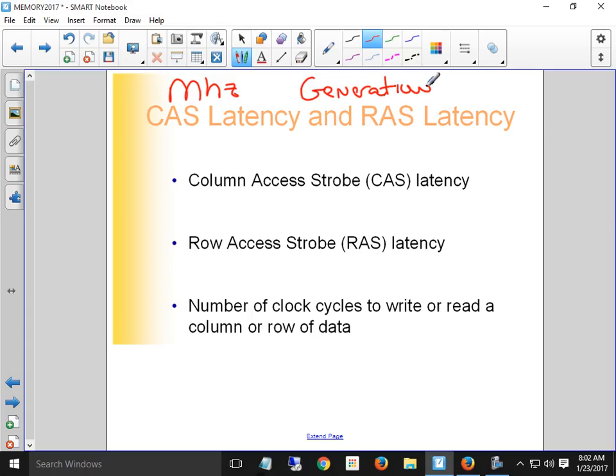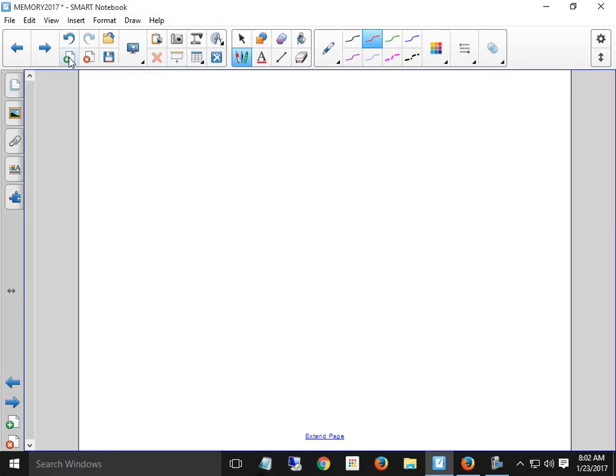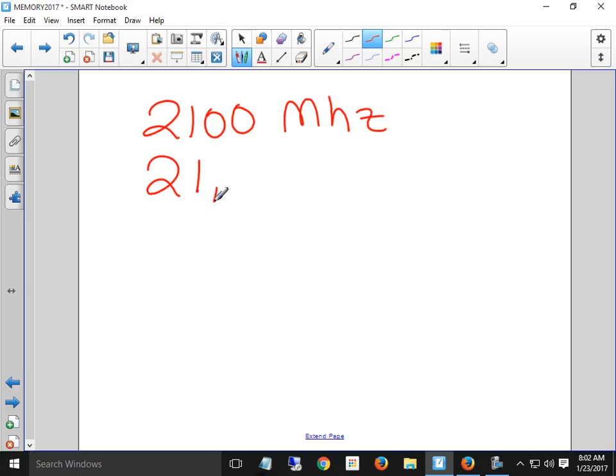So when we said a piece of RAM goes at, let's say, 2100 megahertz, we know that it cycles how many times a second? 2100 million cycles per second, right?